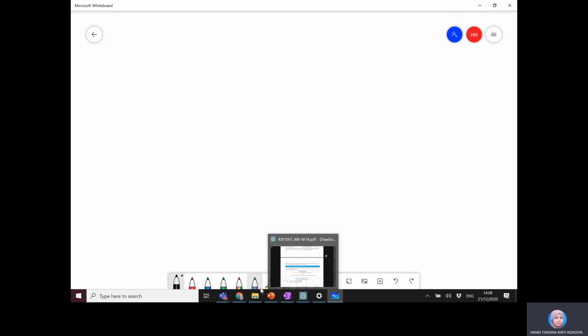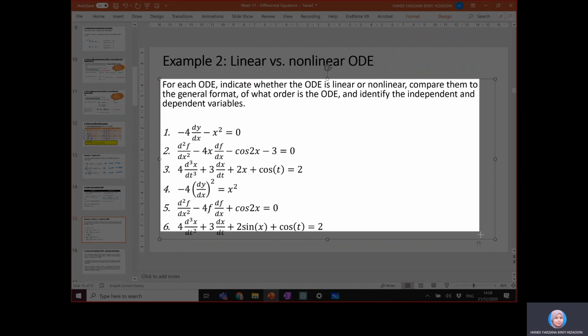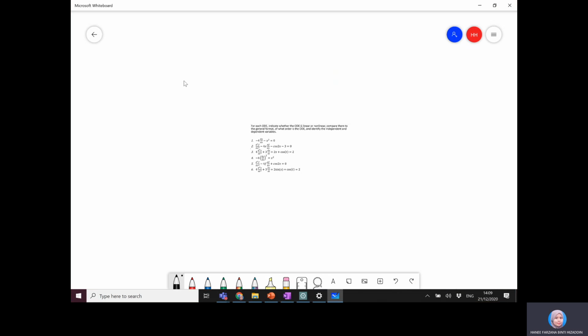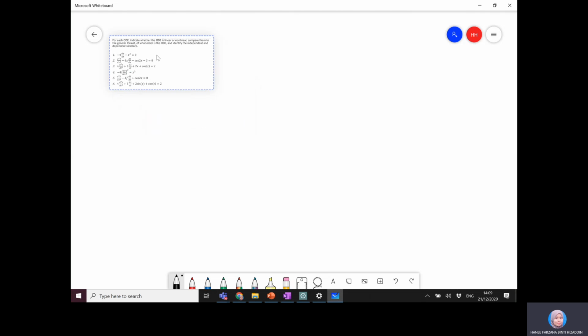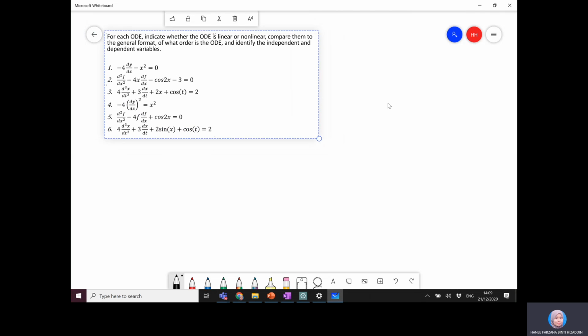So the first example. Okay, let's try to take this one. I'm just going to copy this and put it on the whiteboard so that it's easier to scribble around. Okay, right.